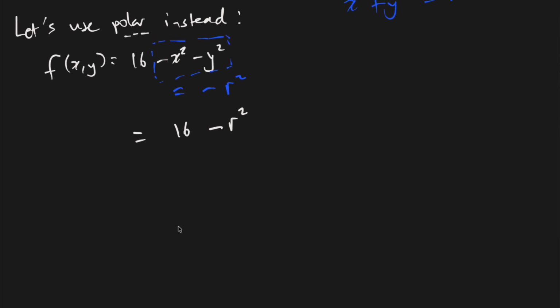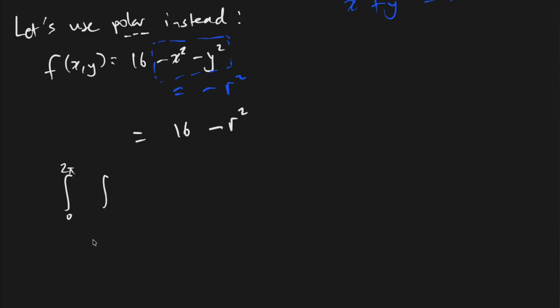Because now, when we set up the integral, we're going to go from 0 to 2 pi, because that will trace a full circle.